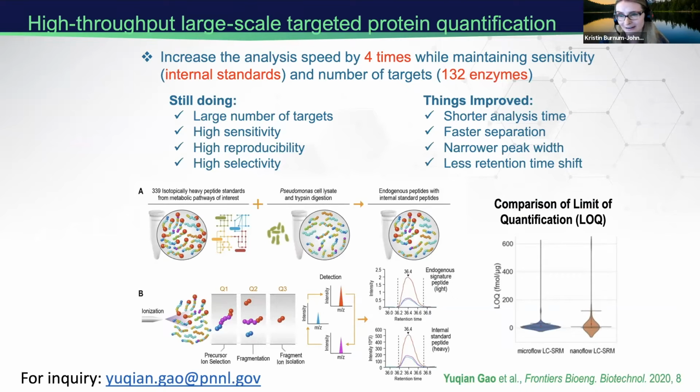In this particular example, we quantified 132 enzymes while increasing our analysis speed by 4 times while maintaining high sensitivity, using microflow instead of nanoflow liquid chromatography selective reaction monitoring. So Yu-Chin will go over this targeted proteomic workflow and how it compares to discovery proteomics. Details for that she'll cover in her presentation later on today.